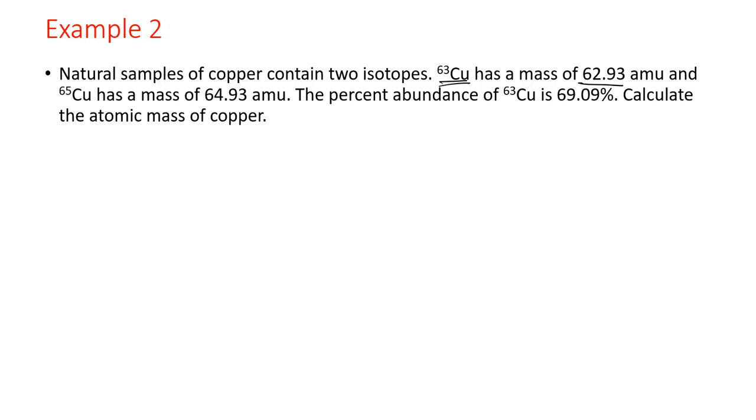And the second one, copper-65, has a mass of 64.93 atomic mass unit. We are given the percent abundance of copper-63. Calculate the atomic mass of copper. So what we are looking for is the average mass of copper.